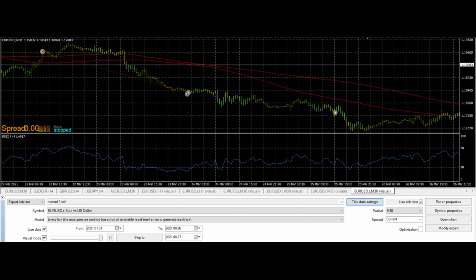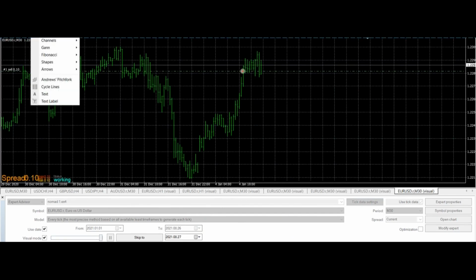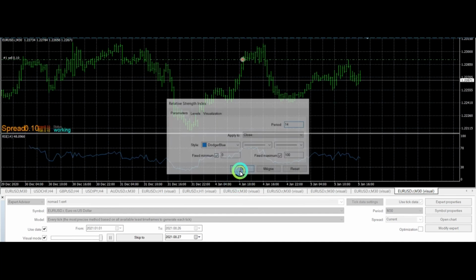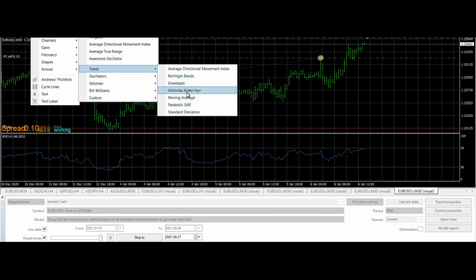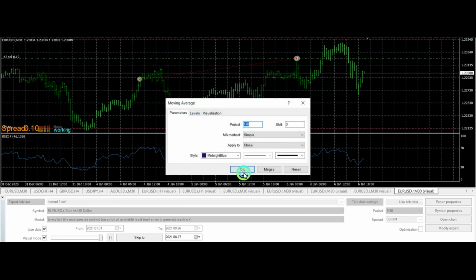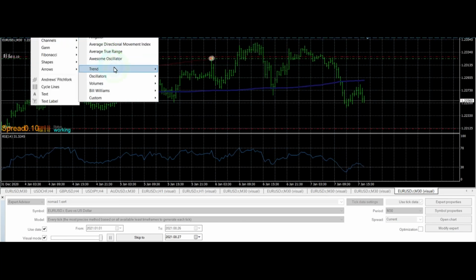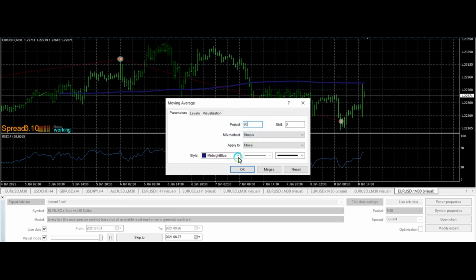Now you should know that with every strategy that you use, the most important part is patience and statistical advantage over the market. And I will tell you all about these things while we watch this test. I add the indicators, of course, because I want to show you the strategy the best way possible and how it works.